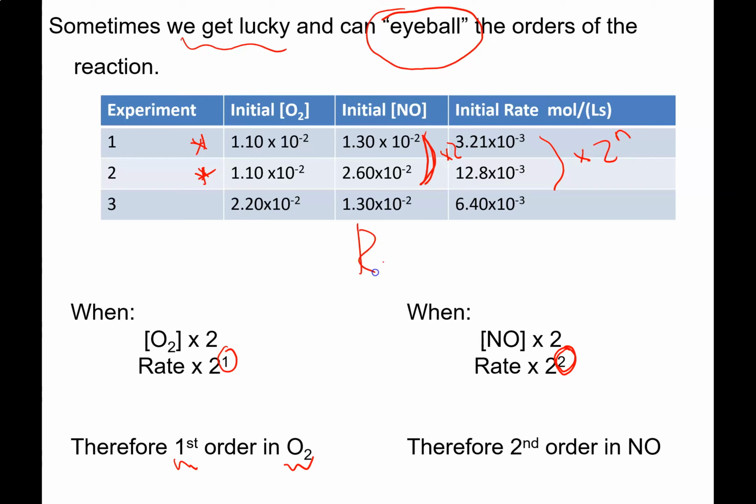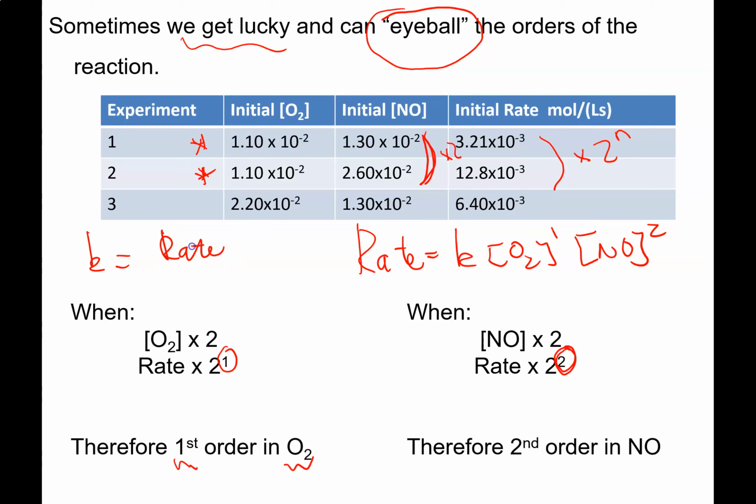So the rate equals k [O2] to the 1, [NO] to the 2, and I just eyeballed that. And now I would go ahead and solve for k, and so that's just going to be the rate divided by the concentration of O2 times the concentration of NO squared.